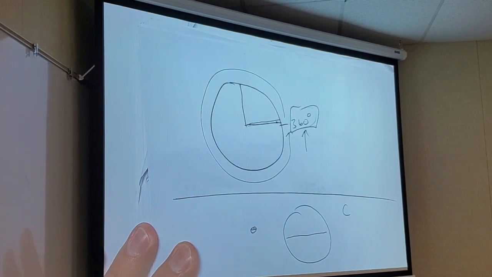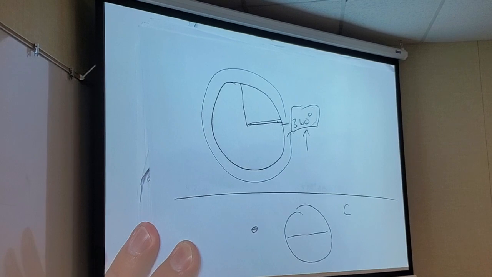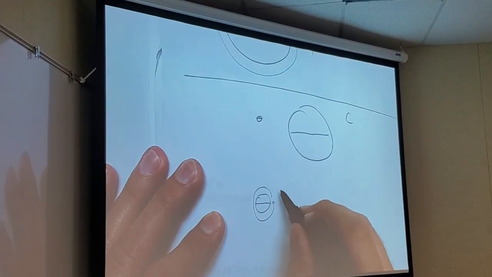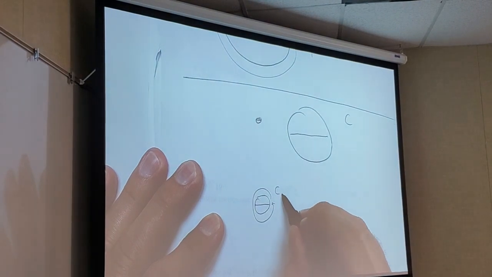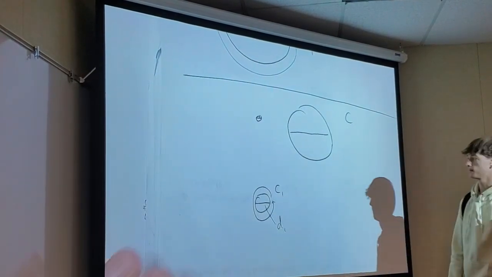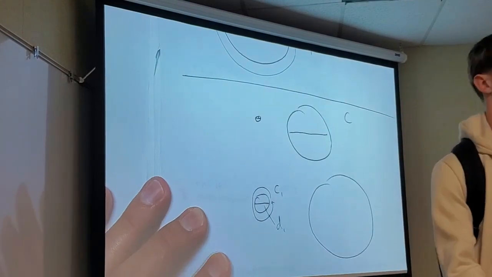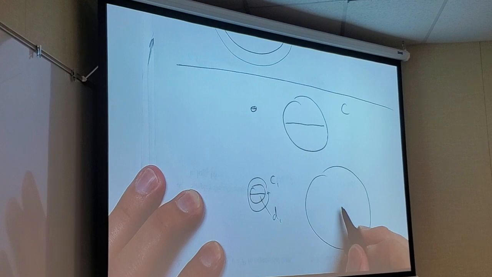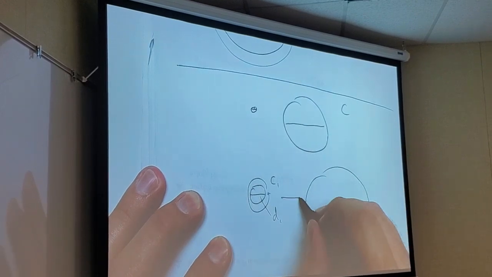Does that make sense? If I have a little circle and it's got a diameter and it's got a circumference, I'll call them C1 and D1. With me? If I make a bigger circle that's 5 times as big, it has 5C and 5D.